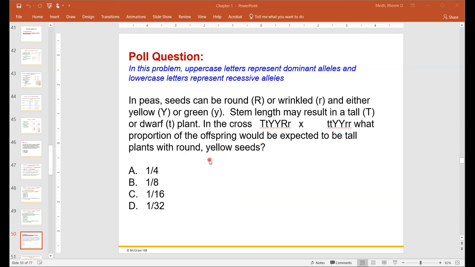All are going to be big Y because that's what the parents are, homozygous for big Y, big Y. And then big R, little r cross to little r, 1:1 ratio of big R, little r and little r, little r. So to get this, you have to have 1 out of 2 for the big T, 1 out of 2 for the big R, and 1 out of 1 for the big Y. So it's 1 out of 4 total.